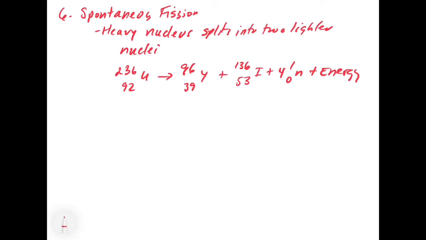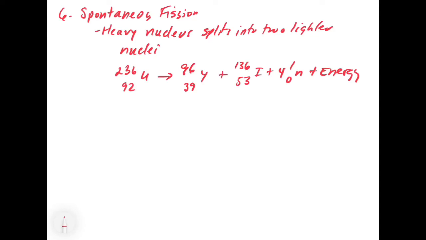Overall, we still preserve the same number of nucleons, but a small amount gets converted into energy. A small amount of mass gets converted into energy, but because E equals mc squared, it turns out that energy is very large. So that's something to keep in mind and is quite important.